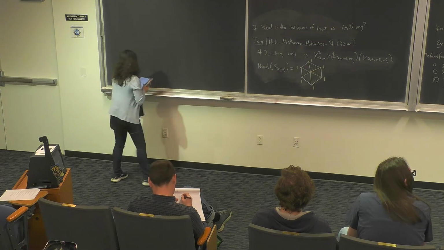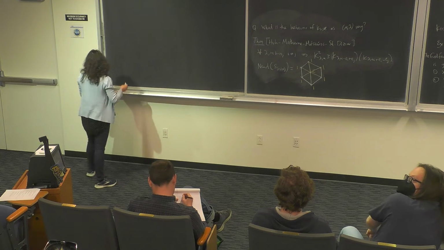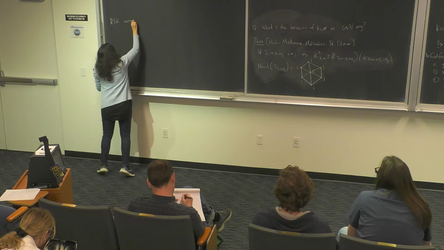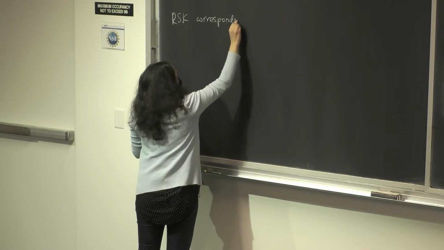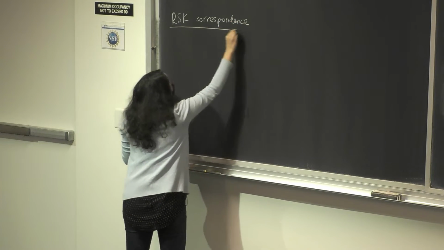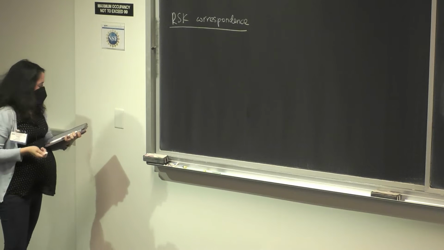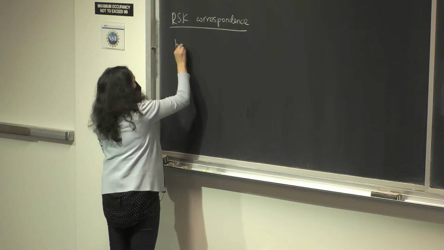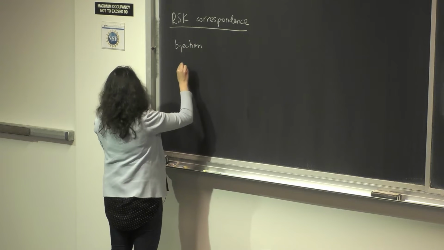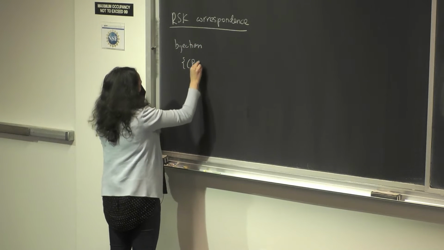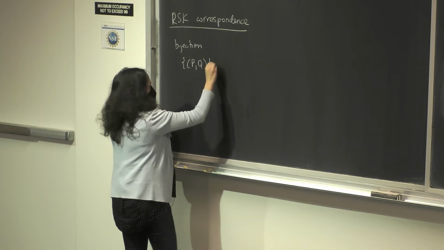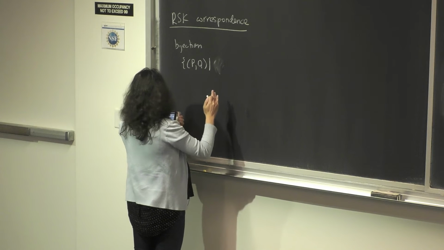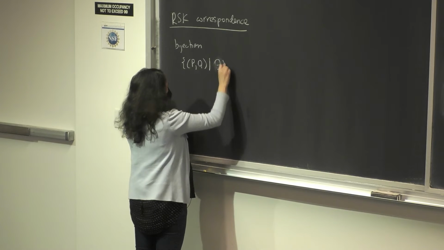Okay, so the next one I want to talk about is the RSK correspondence, and maybe I should say a downgraded version of it, because of course we know that this gives a bijection between, well, we've seen it before. I'll write it like this.